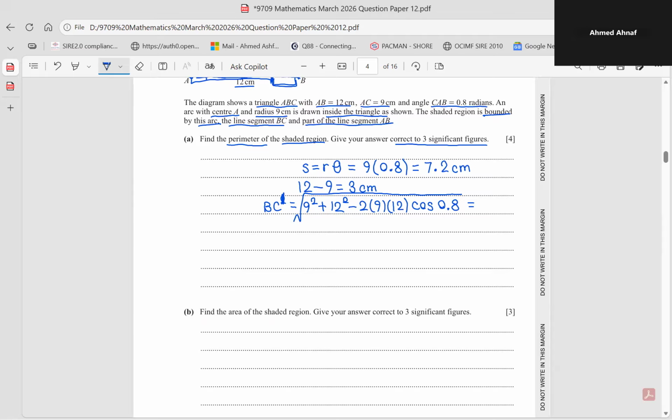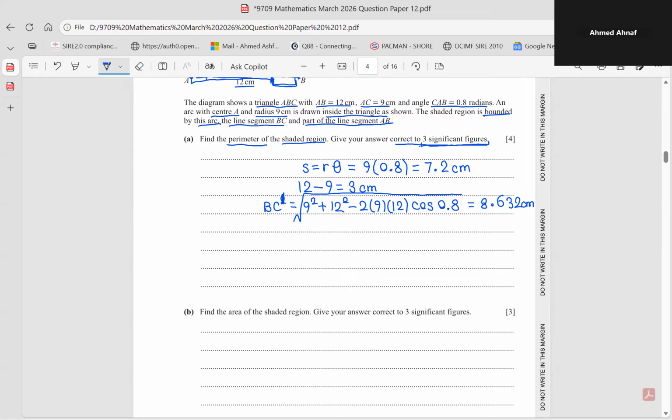And before you press to get the answer, make sure your calculator is in radian mode. Okay, and then you square root it, and the final answer you would get is 8.632. Okay, so a good habit to develop is that when you get an answer that is irrational in your calculator, you should always round it off to more places than the given number of SF that you have to express your final answer in.